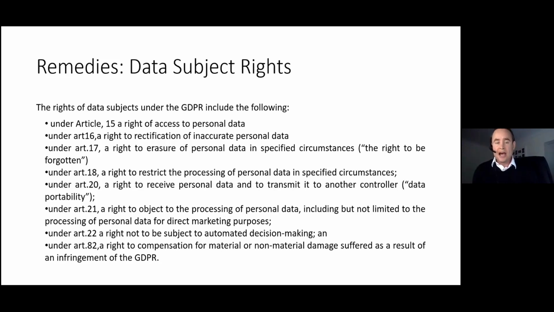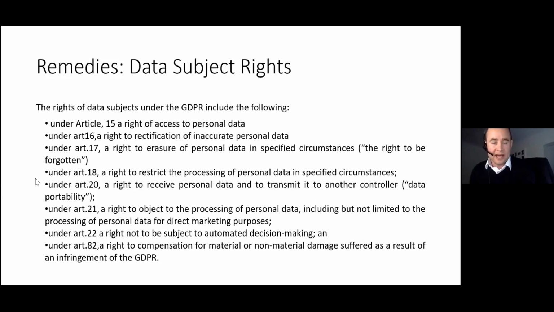So as I've said, nothing too groundbreaking about some of these data subject rights, including Article 15, Article 20 and Article 17. But what we're probably most interested in, and we're going to come on to look at, is Article 82. It's the core provision which relates to compensation for material or non-material damage suffered as a result of an infringement of the GDPR.